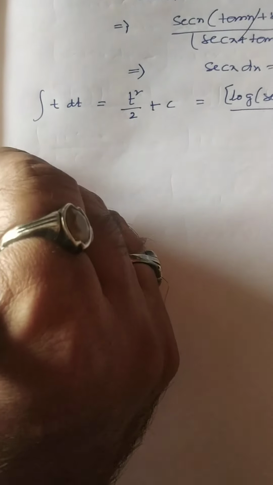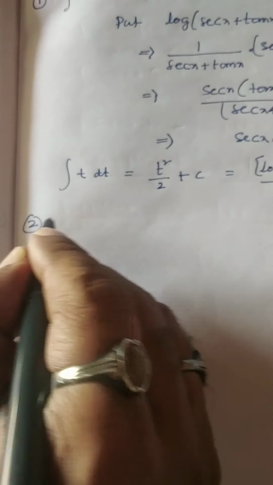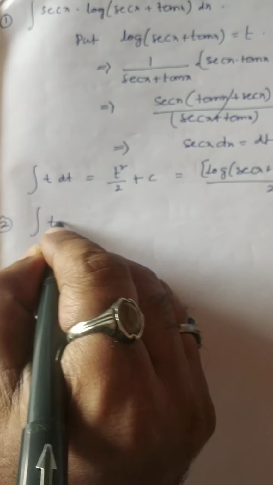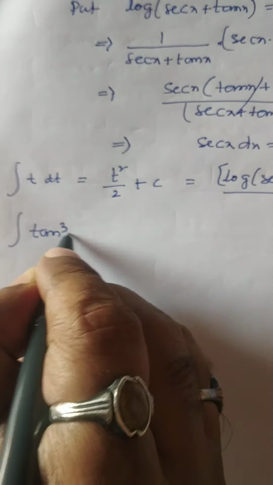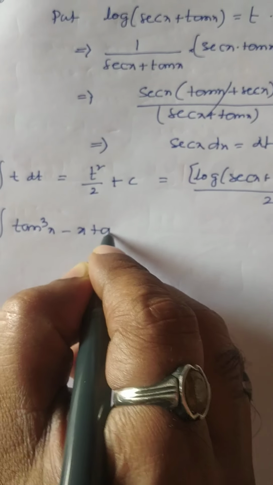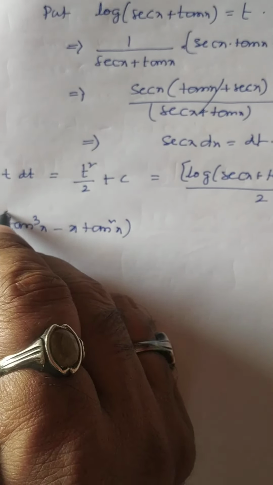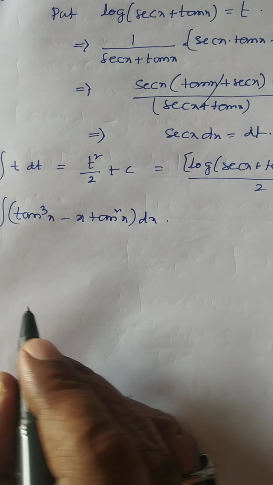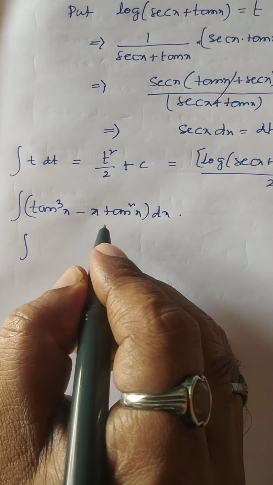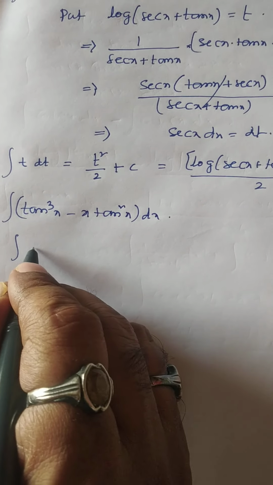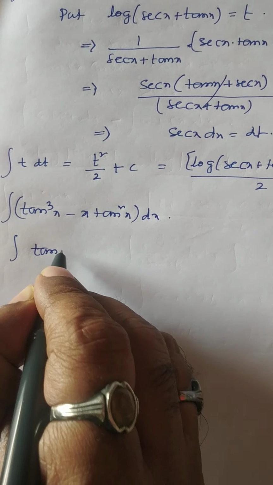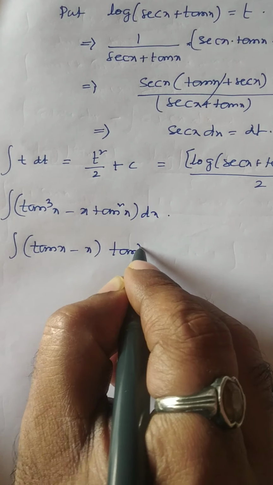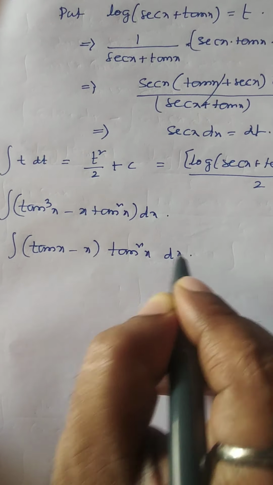Okay. Second one, integration of tan cube x minus x tan square x dx, suppose. So in this, write this like this. In this clearly we can take out tan square x common, so we will be left with tan x minus x into tan square x dx.